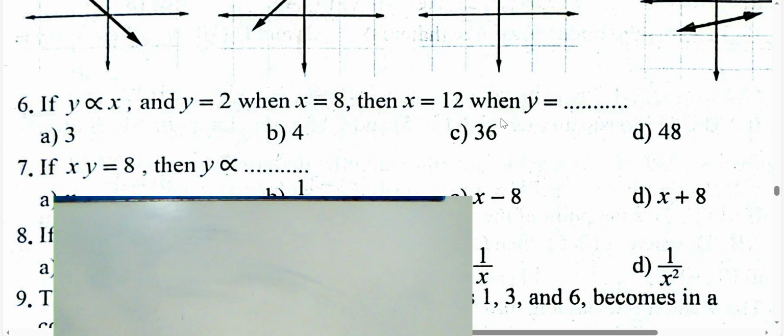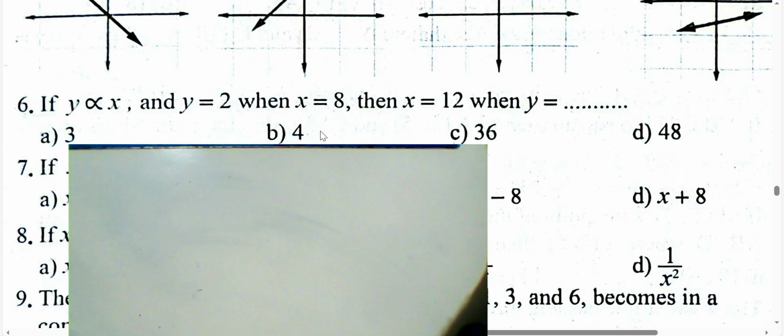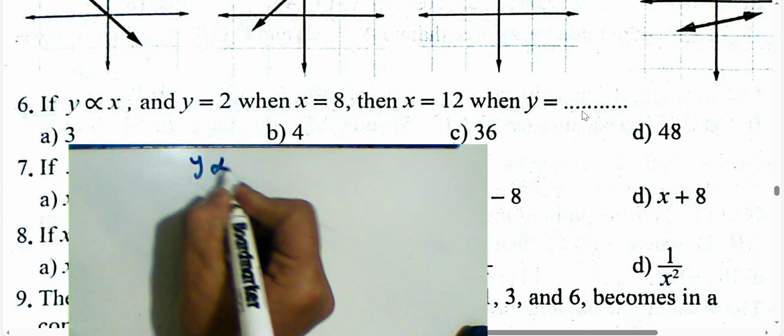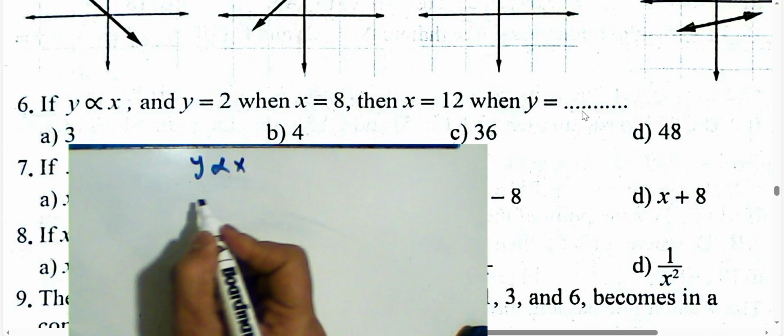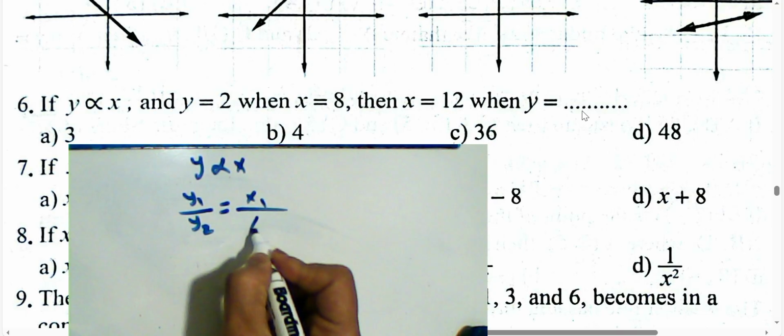If y varies directly with x and y equals 2 when x equals 8, then find y when x equals 12. Y varies directly with x, which means y1 over y2 is equivalent to x1 over x2.